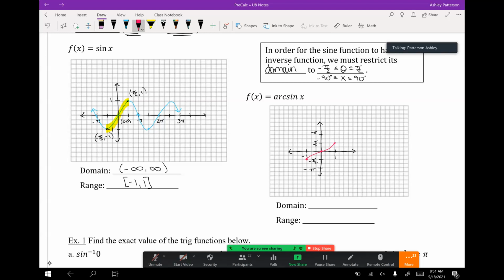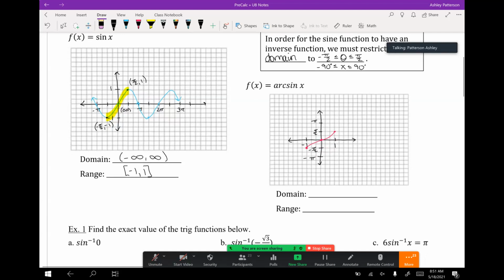Now, if their x and y values switch, guess what? That means that the domain and range elements also switch in between inverse functions. So if the domain of sine of x is all real numbers, well, usually that means that the range would be. But remember, we restricted the domain.